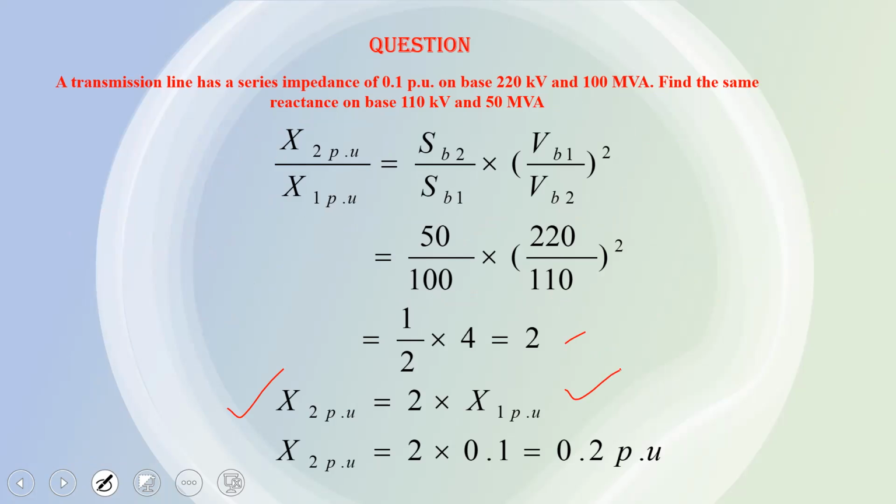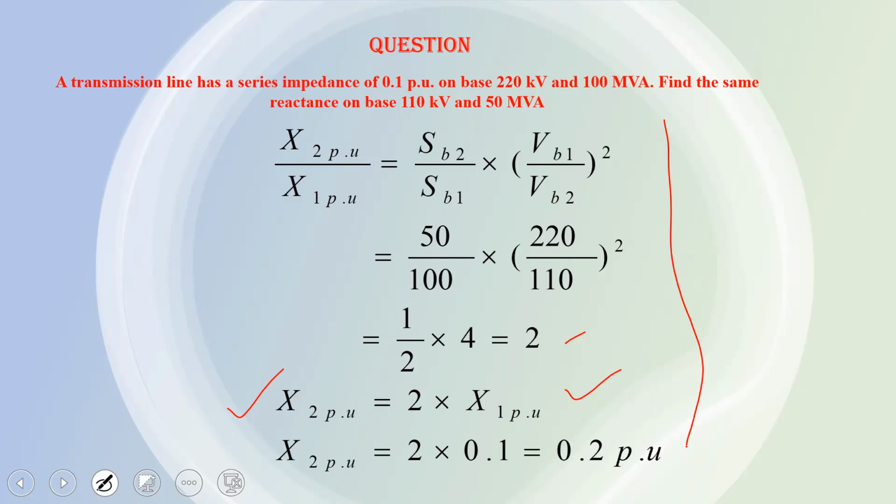So in this way, you can change the value of reactance from one base to another base. In this problem, the reactance is given on base 220 kV and 100 MVA, and using this concept, you found the value of reactance on the base 110 kilovolt and 50 MVA.